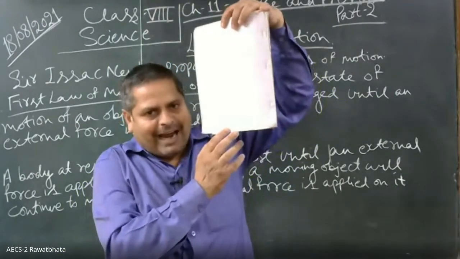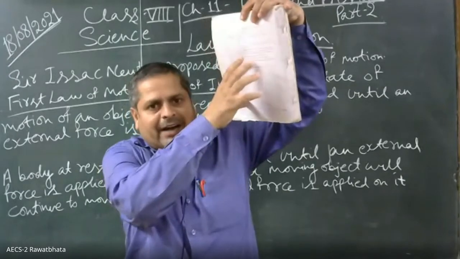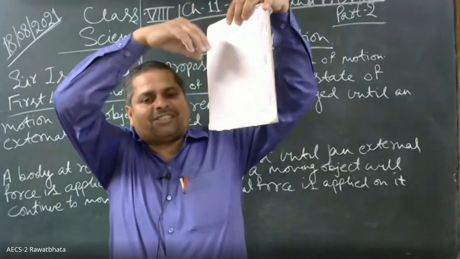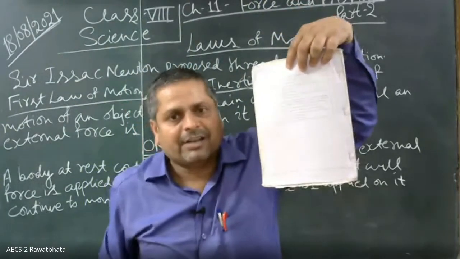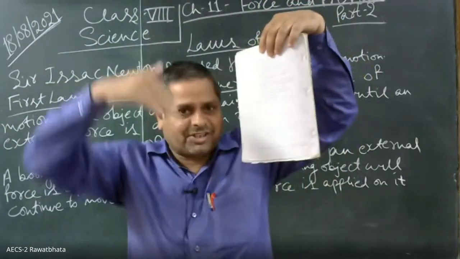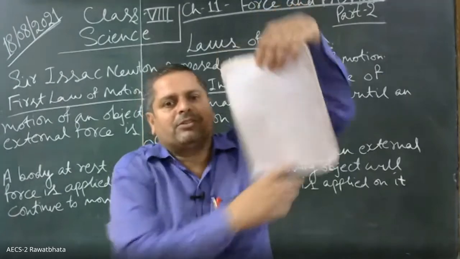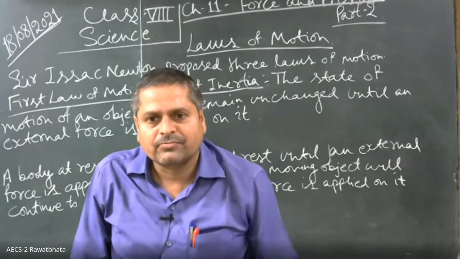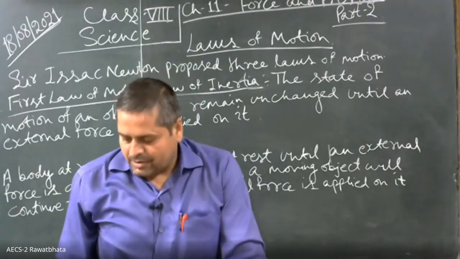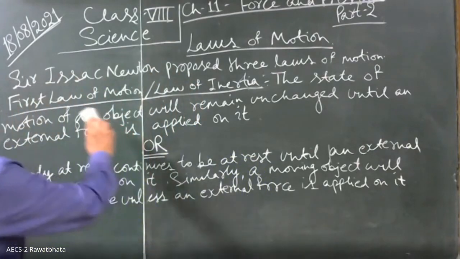So when the mat moves, these dust particles tend to be at rest due to their inertia, so they fall down. Have you understood this or not? Yes, sir. Is it okay? Okay, very good.